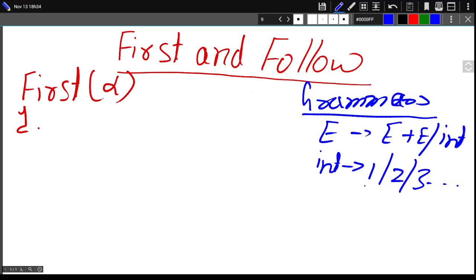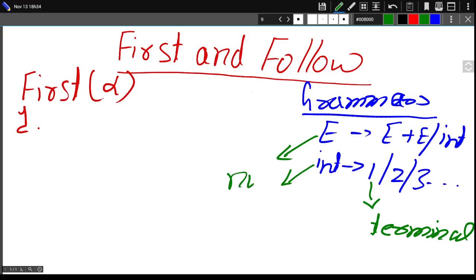So here these values are terminal, and the other values maybe E or int, these are non-terminal.